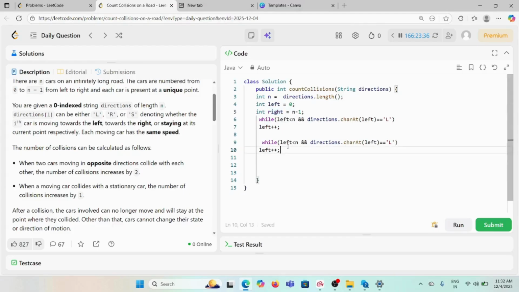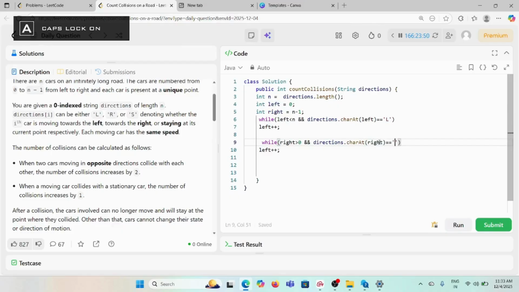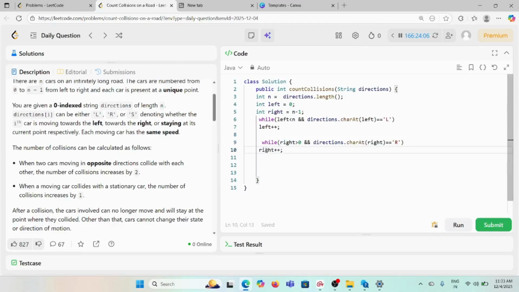So while right is greater than 0, because we are taking all those from the end, and direction at right equal to R, those moving towards the right, we will check all of them, and make it right minus minus, because anyway we are coming from the end, right?